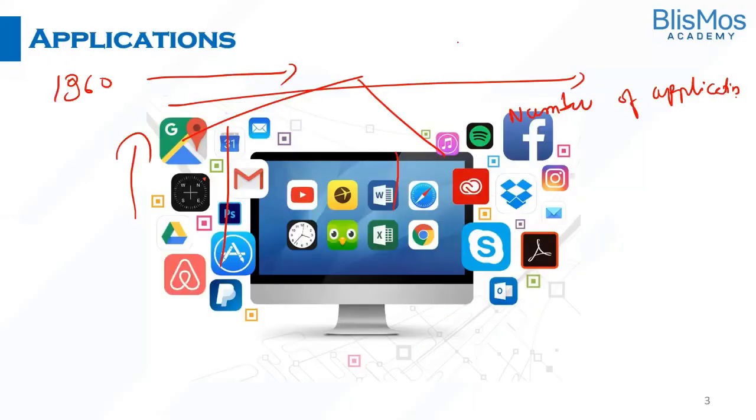Now, if you look at the data, considering these two things: storage has become economical or cheaper, the number of applications used by organizations increased drastically, and the number of applications used by users increased drastically. So what is happening with respect to the data here?